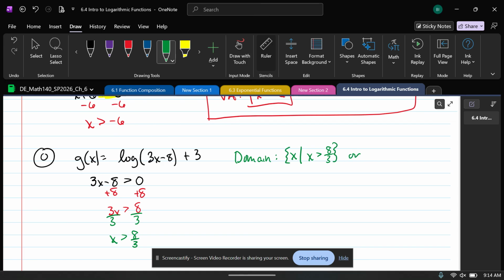What is that in interval notation? No bracket. Remember, it can't be equal to 0. So it's got to be greater than. So that's a parenthesis on that every time. If you had an equal to mark right here, then yeah, there's a bracket.